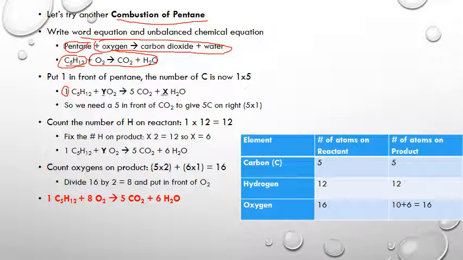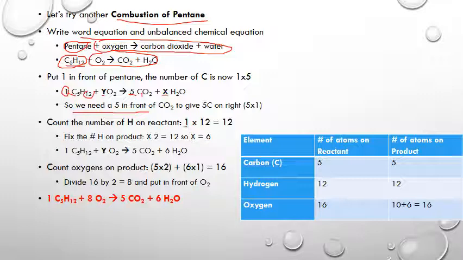Now I put a y and an x over here as the unknowns. Okay, so I have 1 times 5 carbons over here. So I have to put a 5 over here because 5 times 1 is 5. So my carbons are all set. Okay. Now let's do the hydrogens. So on the reactant side, so both carbon and hydrogen, we check the reactant side and fix the product side. We count the number of hydrogens.